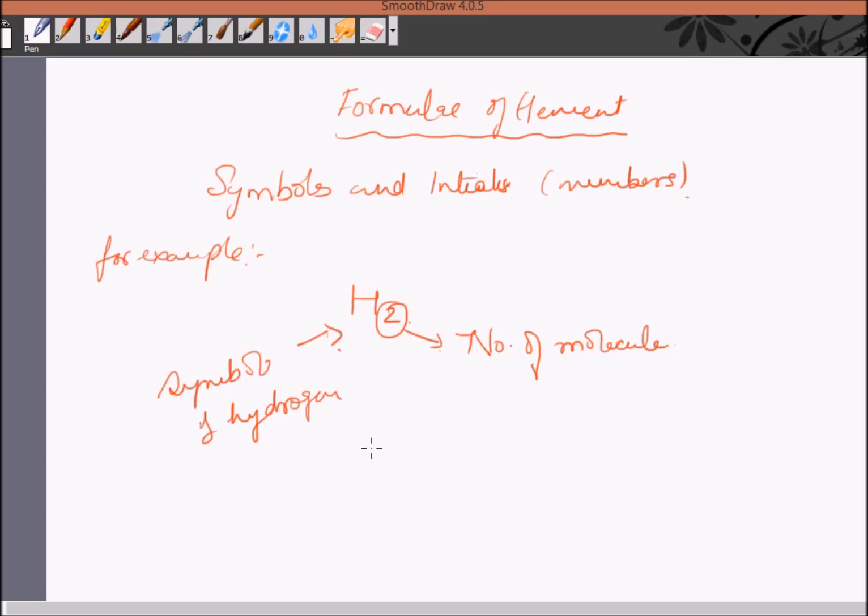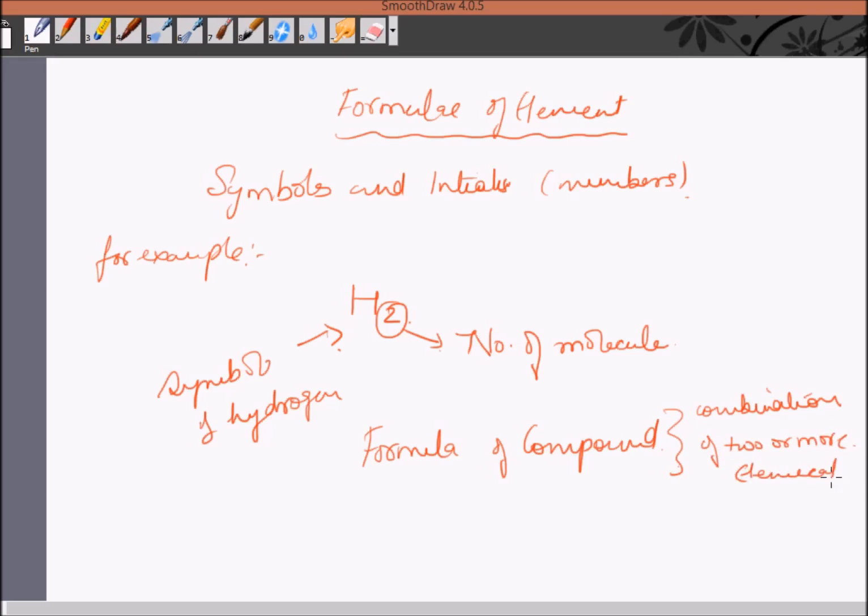Similarly, we can also see the formula of a compound. What is a compound? It is the combination of two or more elements, that is, they are chemically joined together. So if I give you an example of a compound, we have here a water molecule.